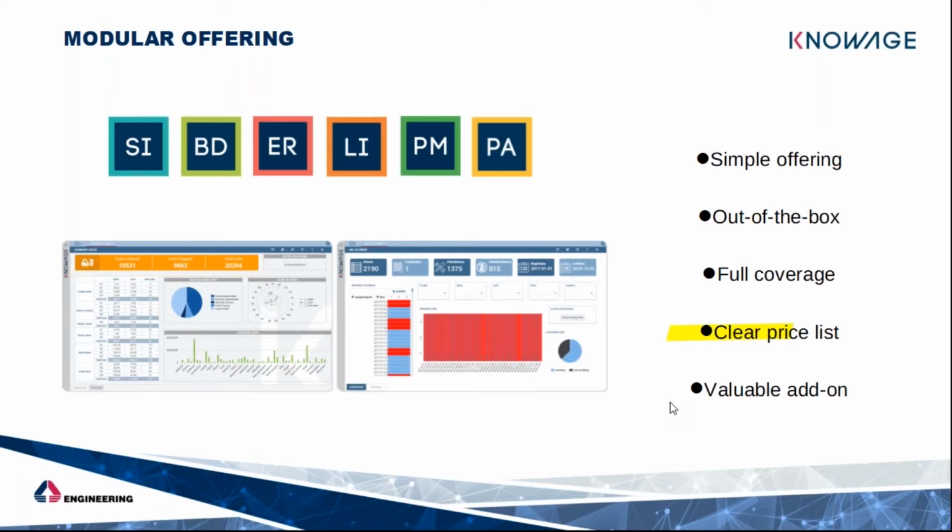They can be used individually or combined with one another to ensure full coverage of users' requirements, allowing to build a tailored product. The modules are defined, and the price list is very clear.